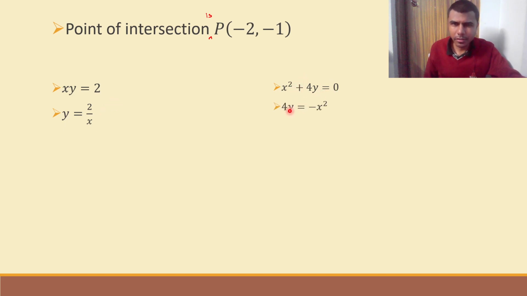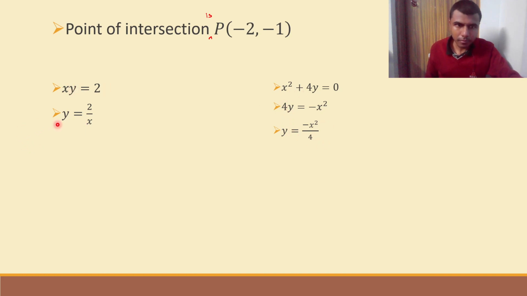Likewise, this you already know, right? x square plus 4y equal to 0, so 4y equal to minus x square, so y equal to minus x square by 4. This I showed you in the beginning. Now we are going to differentiate these two. This is the first curve, this is the second curve.